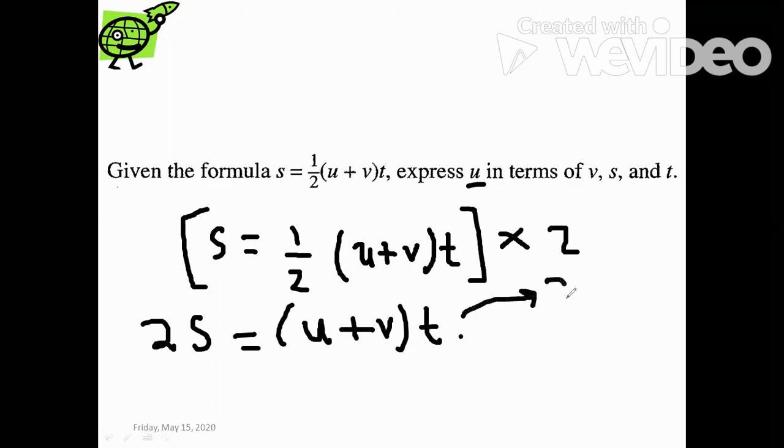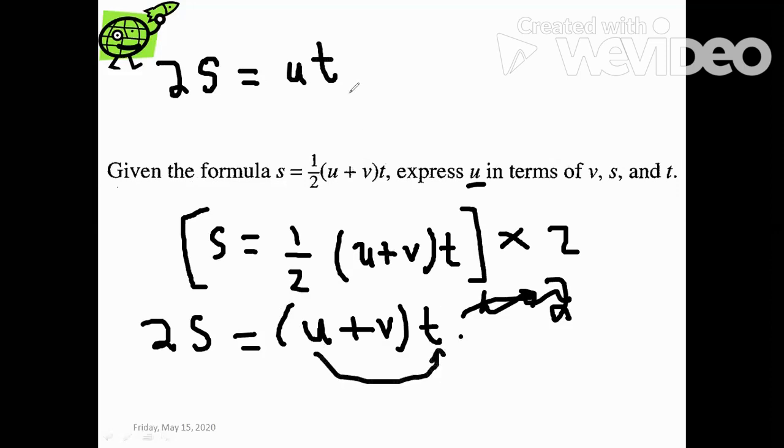So we have 2s equal to ut. So I'm using the distributive law here. U times t. Yes, sometimes the letters can be on the right. And v times t, which is vt.